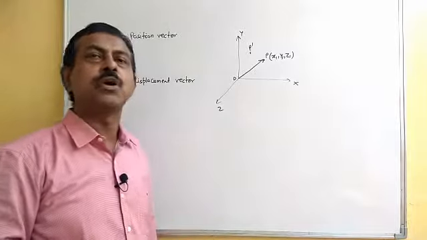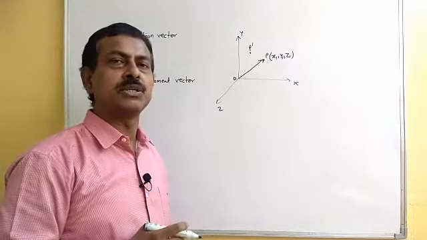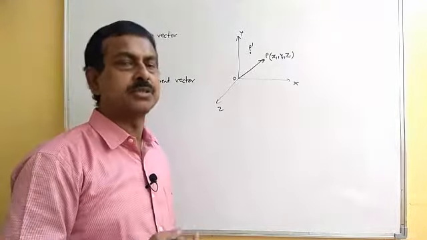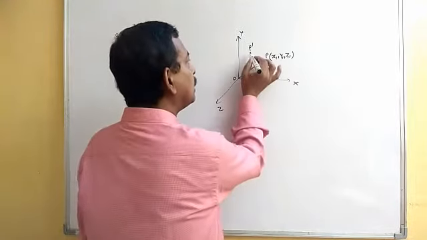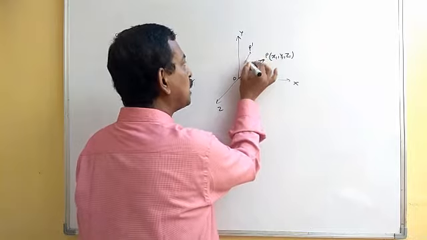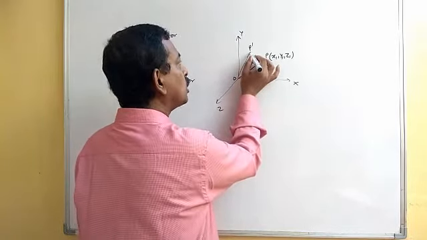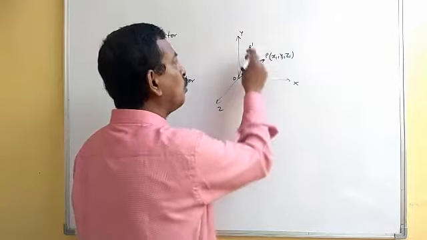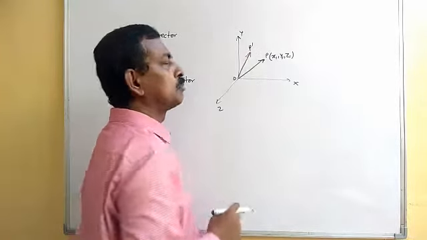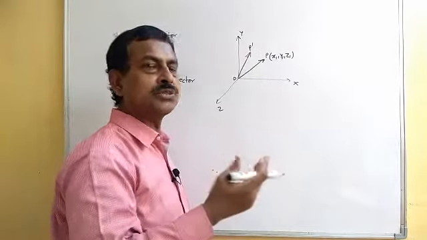This is another position of the particle after some instant of time. If you now join this to the origin, OP dash is the position vector of the particle at that instant.